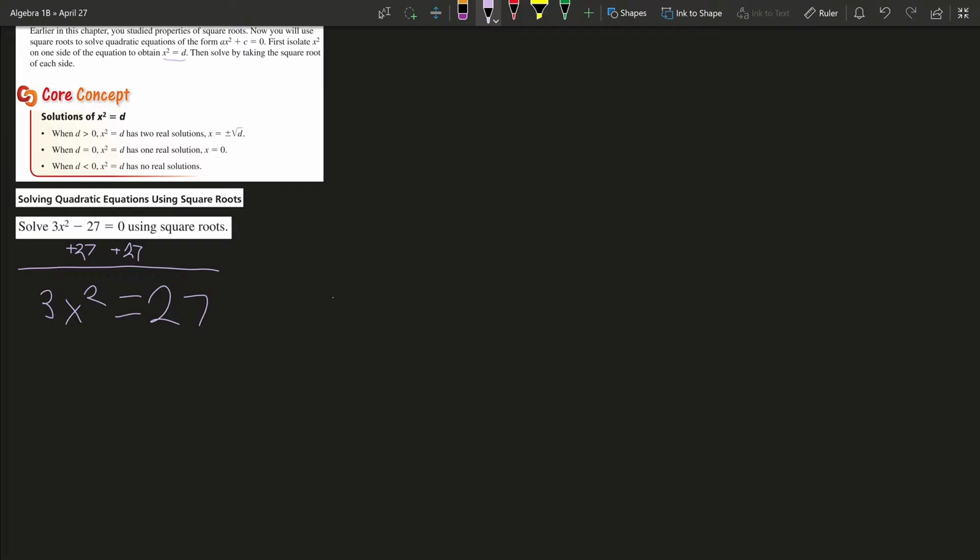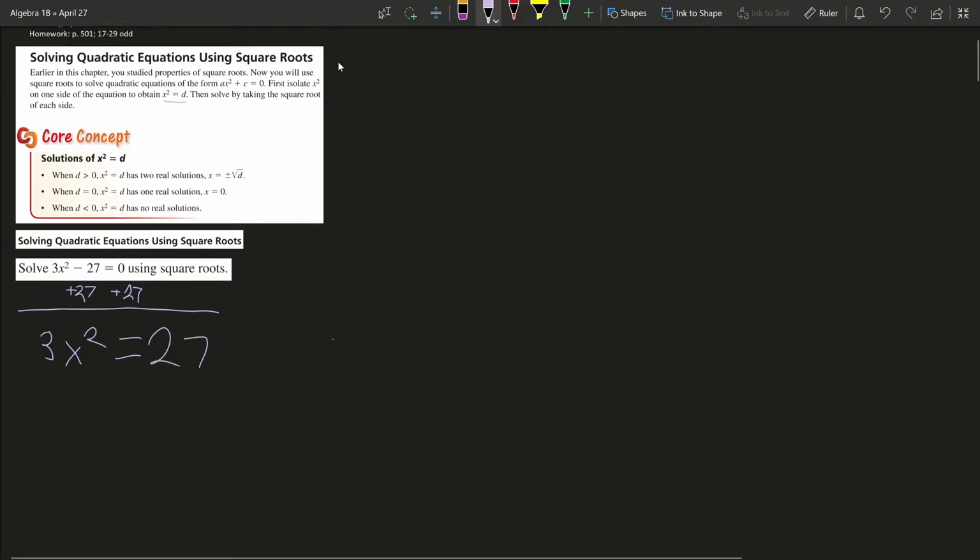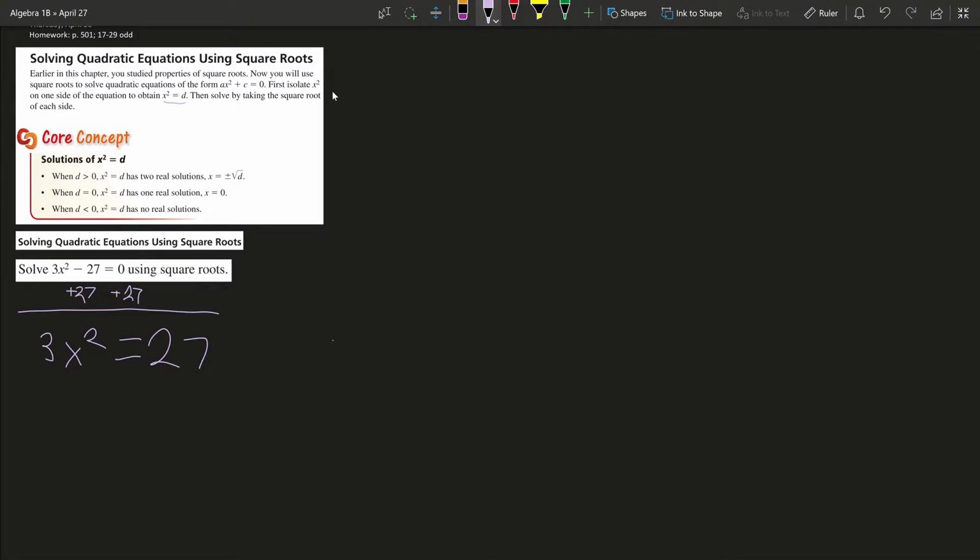Now, what should we do next? Try to see if you can figure out the next step by yourself. Make sure to read this again up here and figure out what the next step should be. So now we can take the square root? Not quite. Remember, it said to get x squared by itself. This did not include the a. There's just 3 in front, which is our a.